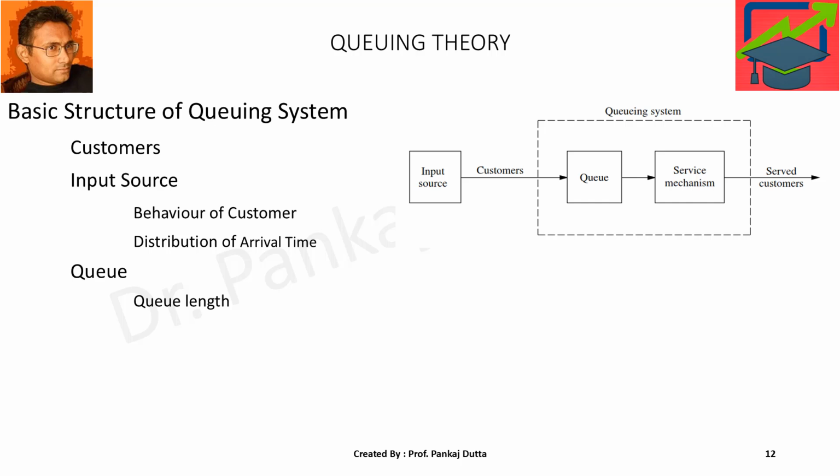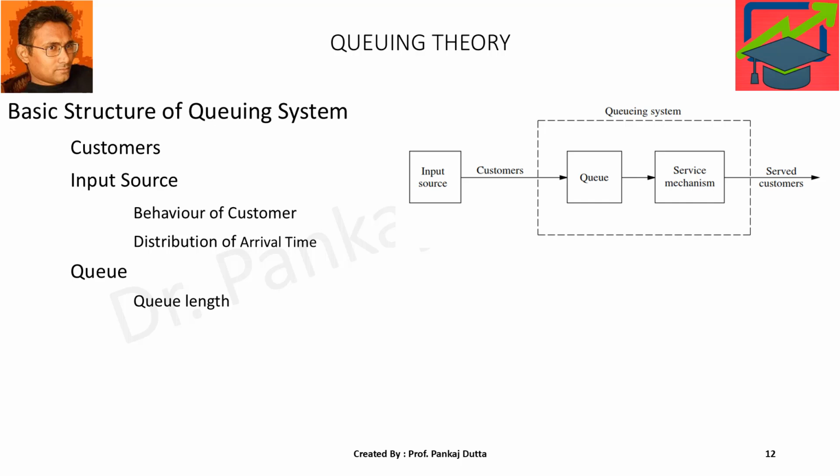In an infinite queue, any customer who comes to get the service may join the queue, and there is no restriction on the number of customers who can join a queue. While a finite queue implies a restriction on the number of customers in a queue. In a finite queue, we restrict the queue length to a certain limit, and once that limit is reached, customers are not allowed to join the queue.